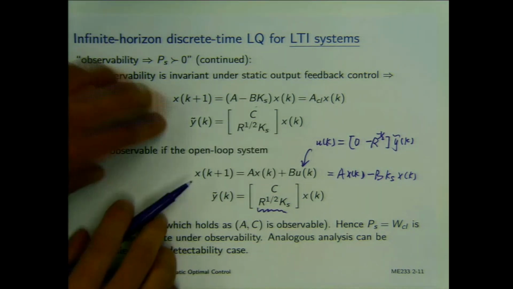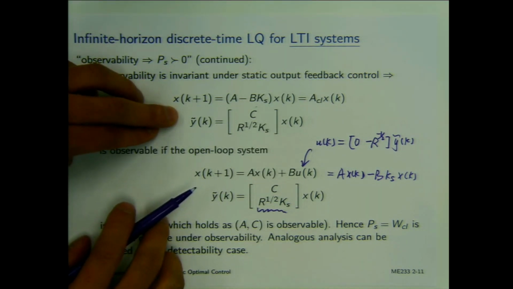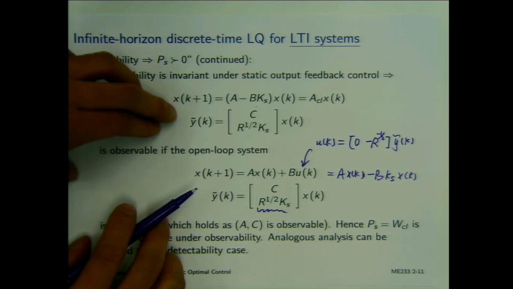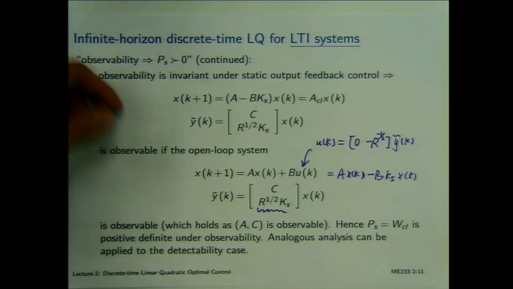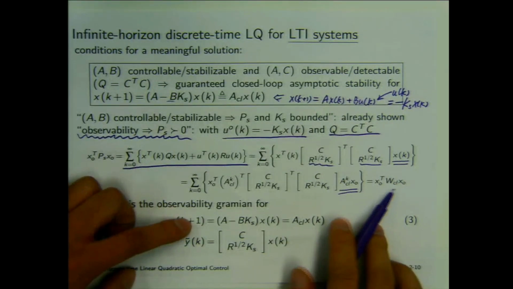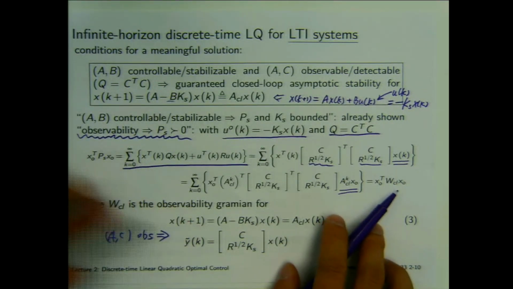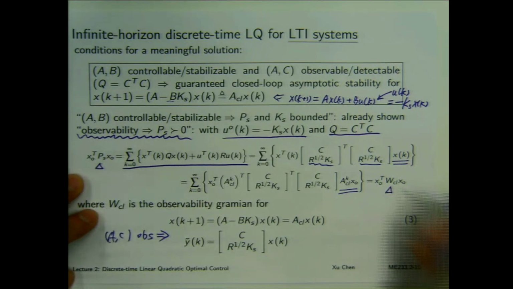Now, if this is observable, what will the observability Gramian be? Positive definite, right? That means this matrix W_CL is positive definite. That means P_S is positive definite.